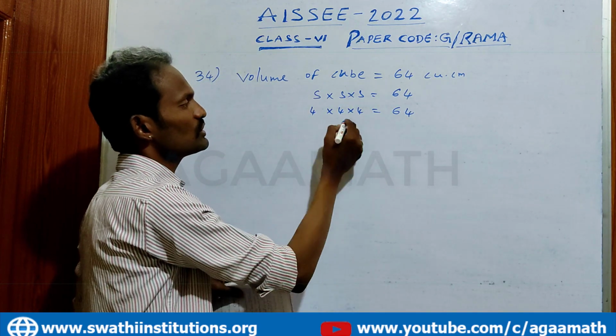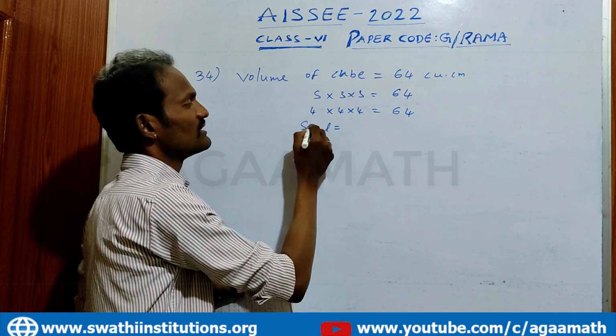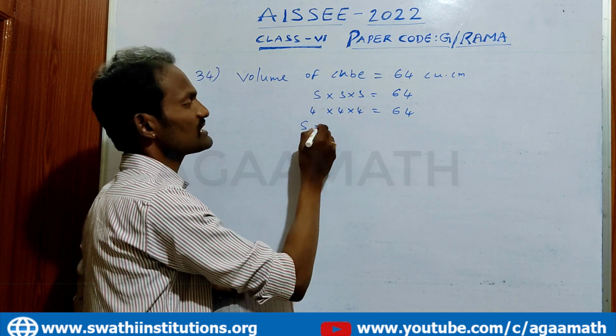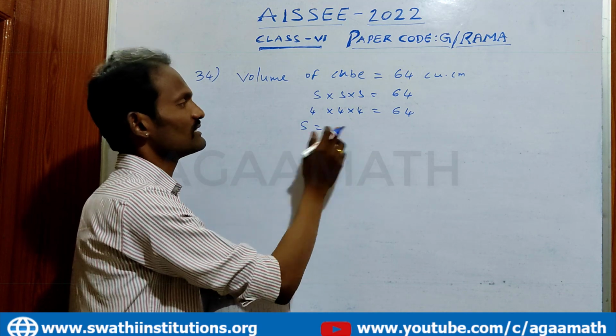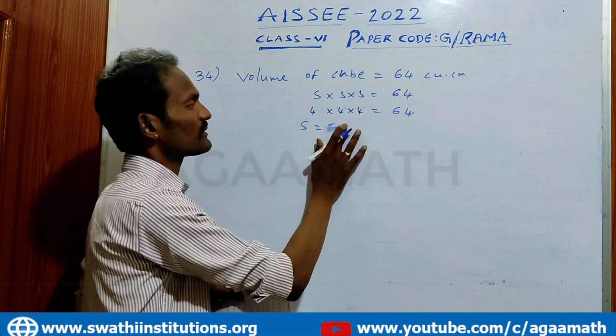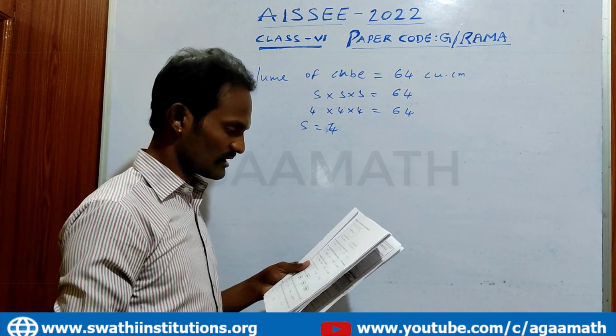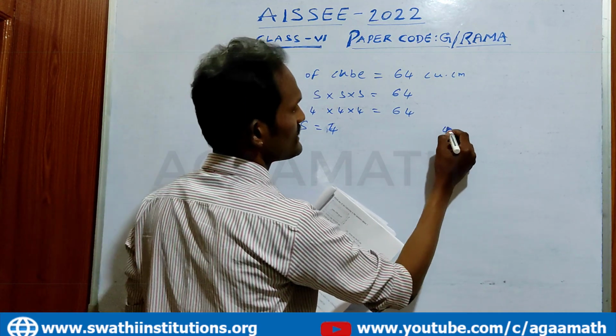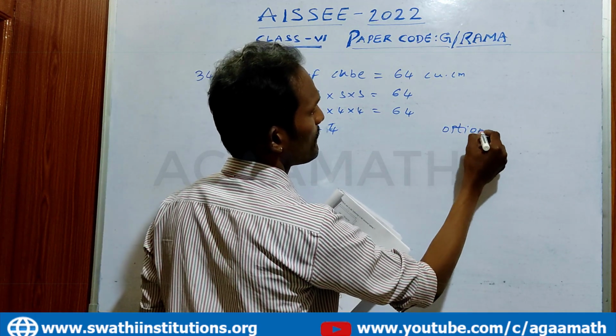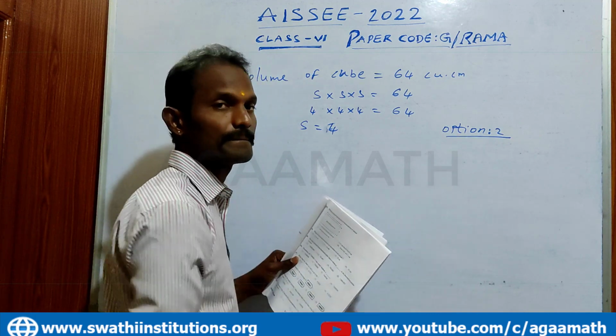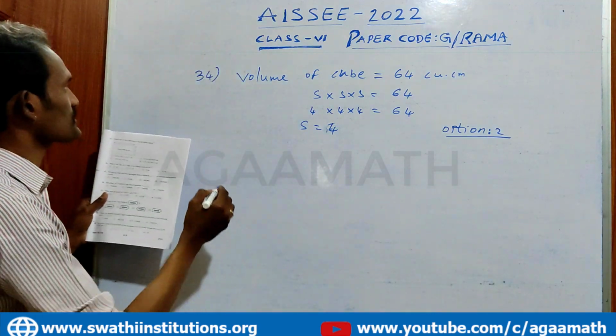So the length of the cube, or S, in the sense length of the side, is 4. So according to this, option 2 is the right answer. Now let us see the next question, 35.